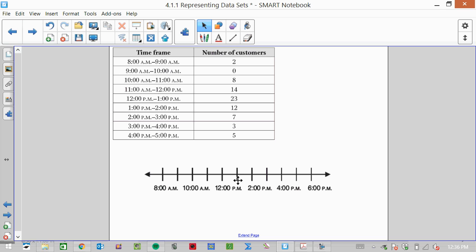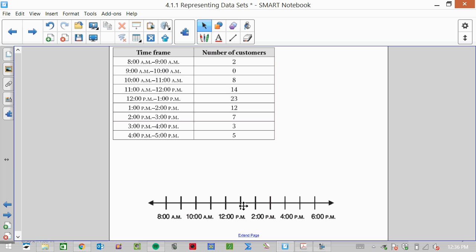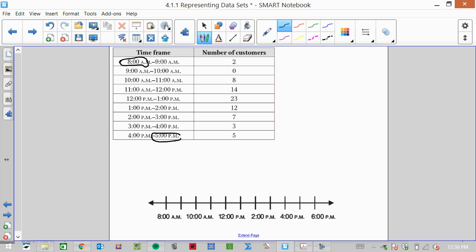So in this case, we look at the range of the data that we have, starting with 8 o'clock, and the time goes all the way up to 5 o'clock. So on our x-axis, we are writing the range, starting with 8 a.m., going all the way up to 6 p.m., and as you can see, each interval is 1 hour. 8, 9, 10, 11, 12, 1, 2, 3, 4, 5, 6.